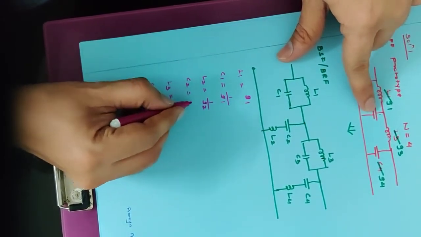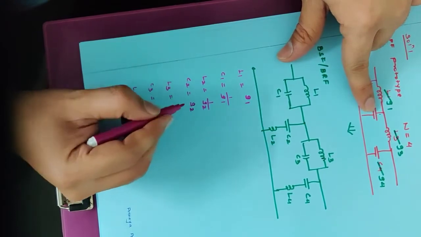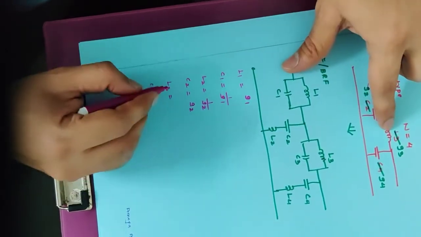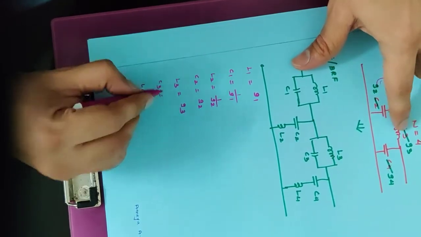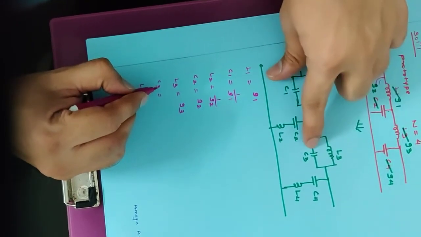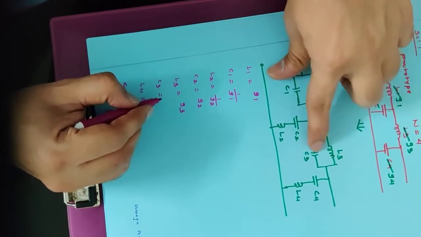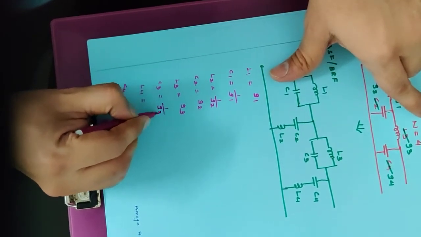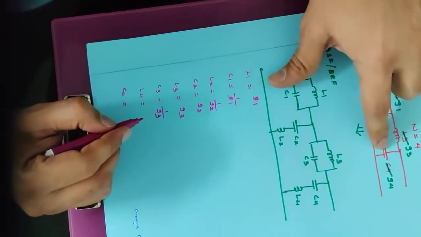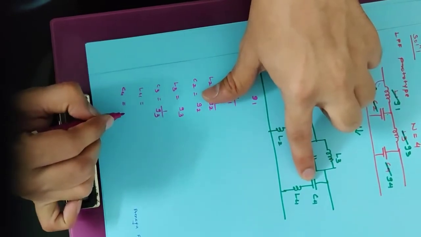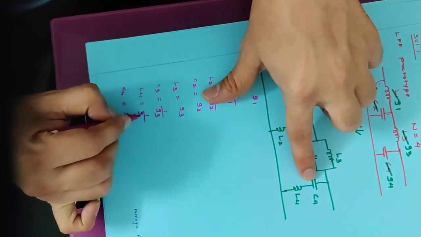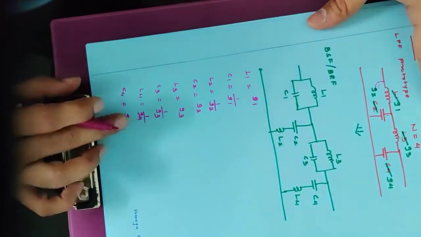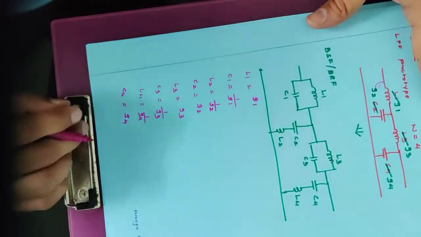Here capacitor and again here capacitor, so G2 will be in the numerator. G3 inductor, so here G3 will be in the numerator. This one is a capacitor, so the nature of the element has been changed, so 1 by G3. Here C4 is a capacitor, so it will be G4 in the numerator and 1 by G4 in the denominator.